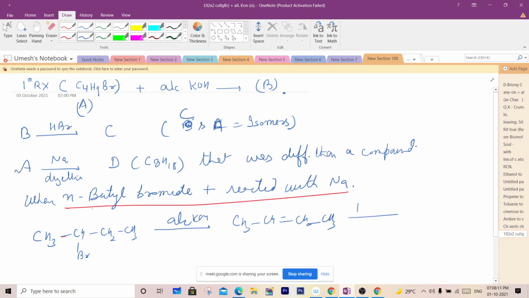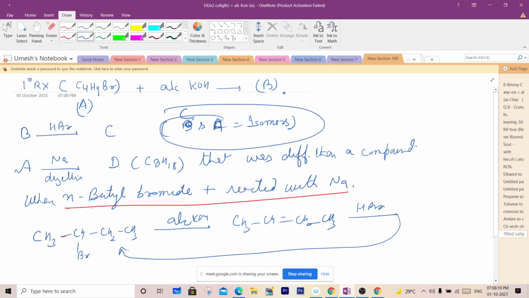And if I again add HBr here, will it not give the same thing back? But I want an isomer. It means this is again wrong. Getting me, Saksham? Even if you go by the Hofmann product, let us see. If you said, okay, I will make this one, now if you add HBr, you will apply the Markovnikov rule.